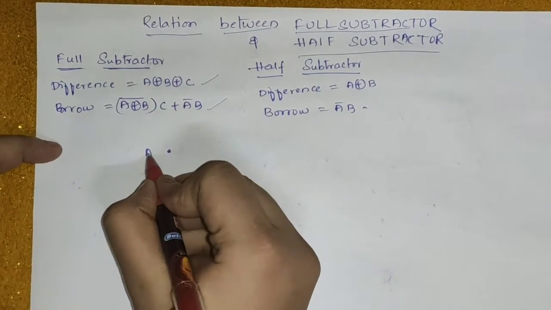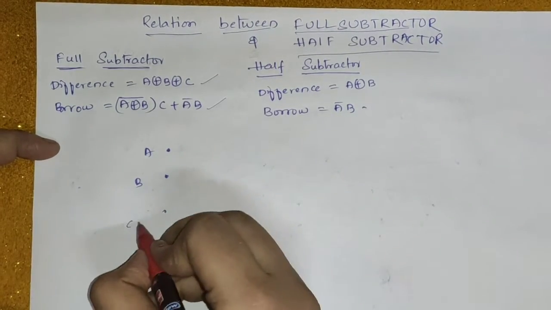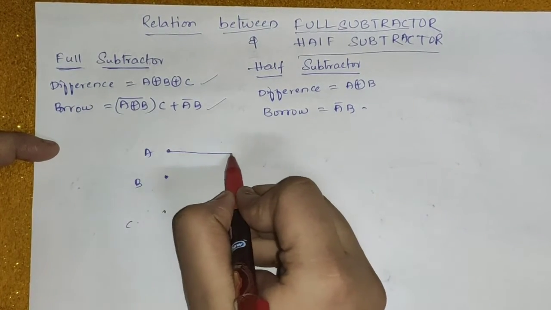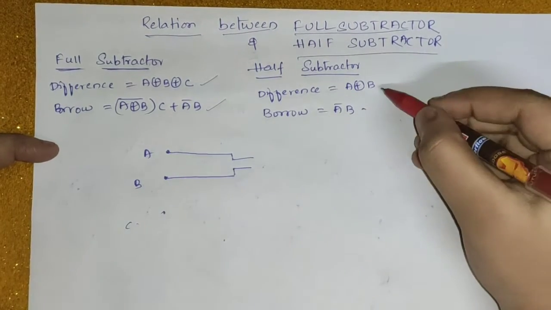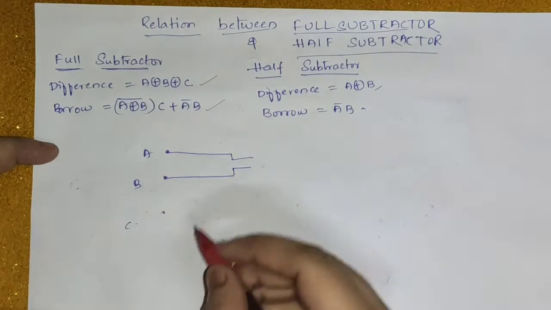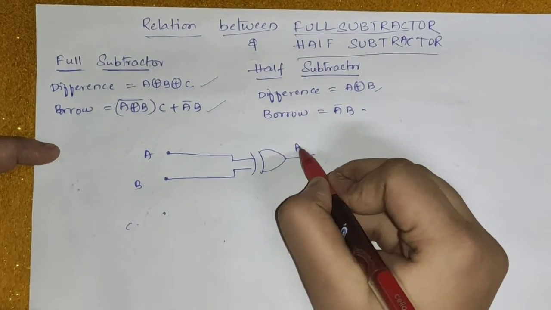First take the inputs as a, b and c. To obtain the difference in half subtractor, let us construct the XOR gate between a and b. We get a XOR b.